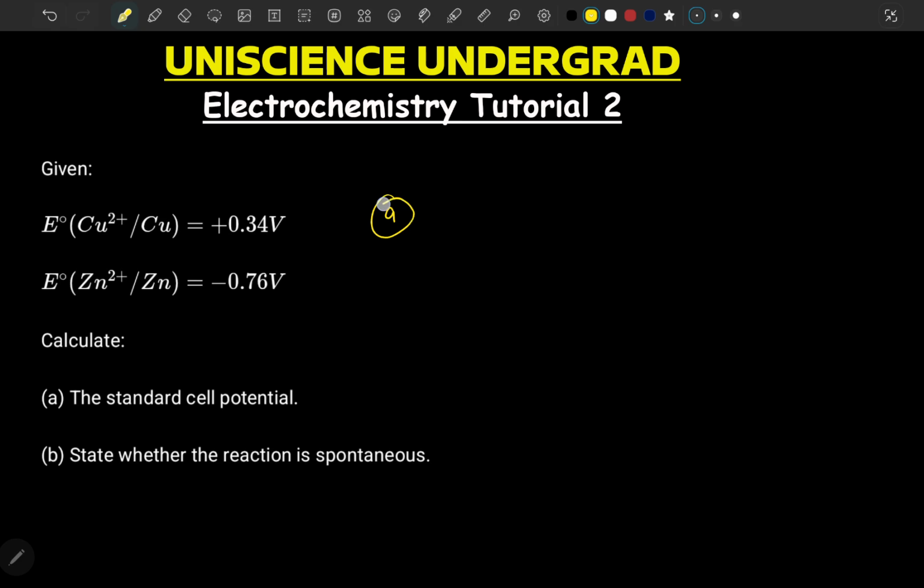So when you are finding the standard cell potential, known as the E cell, you always get the cell potential of the cathode, subtract the cell potential of the anode. This is for a voltaic cell, like a Daniell cell. It's very simple like that.